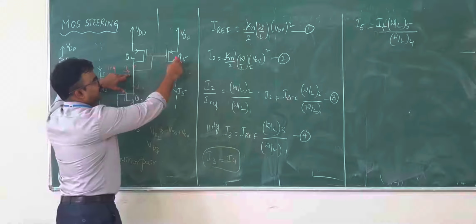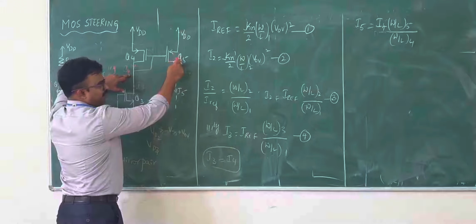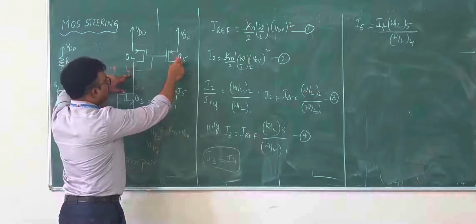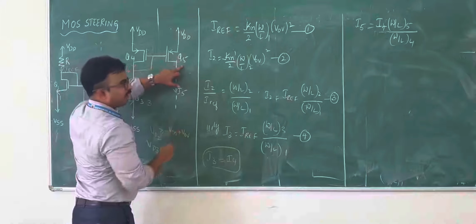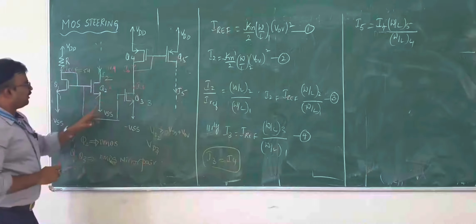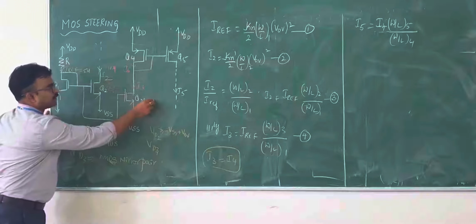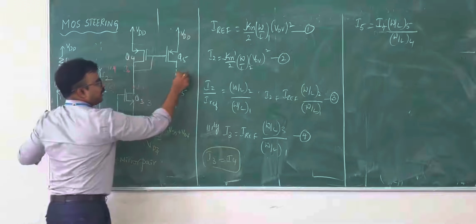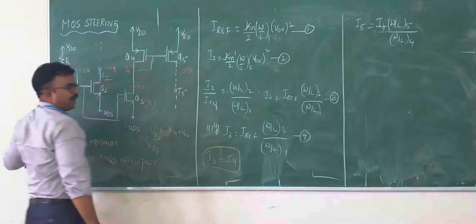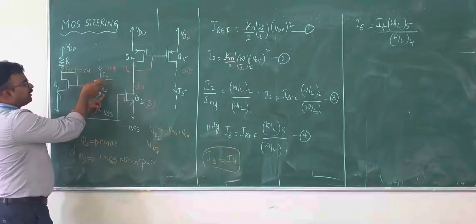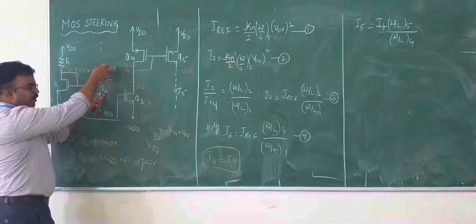If W by L of fifth transistor is 0.5, at this stage, current is getting reduced. What is the consideration here? The W by L ratio is considered to be 2 here, 3 here, and 0.5 or half here. In the second transistor, I reference is doubled.